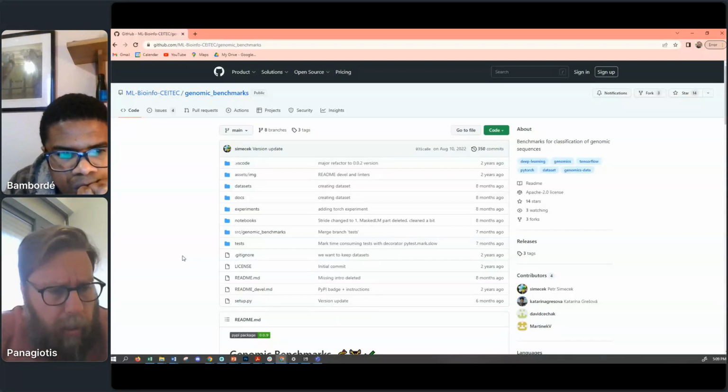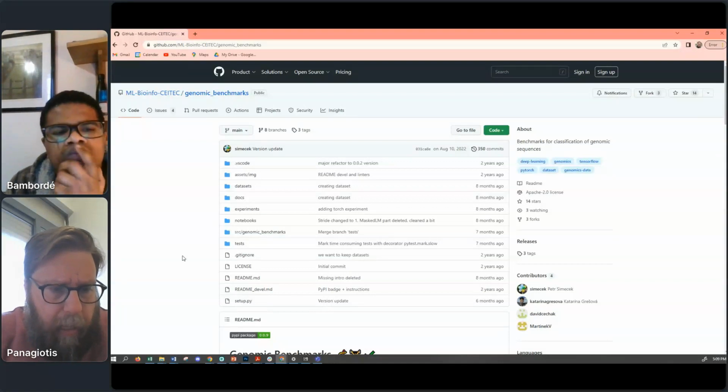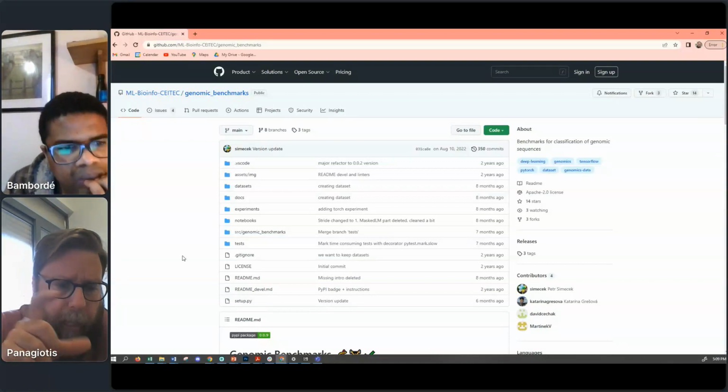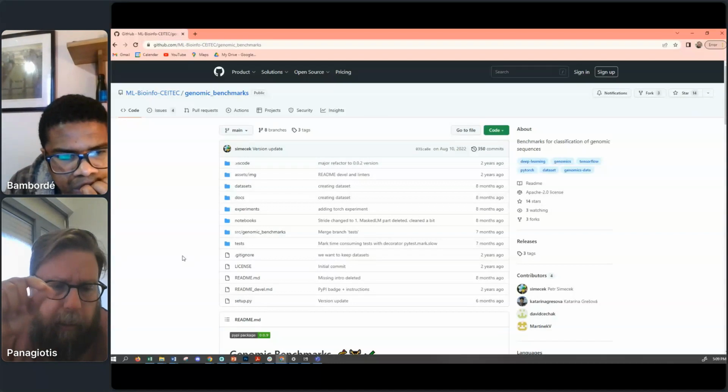Other people are encoding also using a type of embedding. Instead of encoding each letter, they use kind of words.